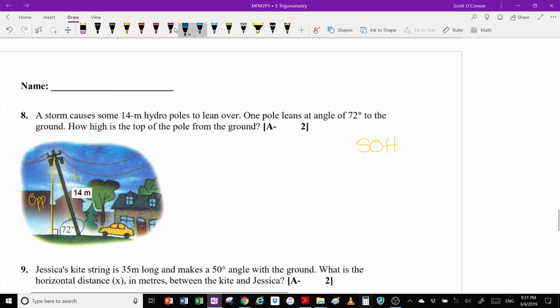So I'm going to do sine 72 is equal to the opposite, and we'll label that x, let's say. Opposite over the hypotenuse, which is 14. And now we're going to cross multiply.